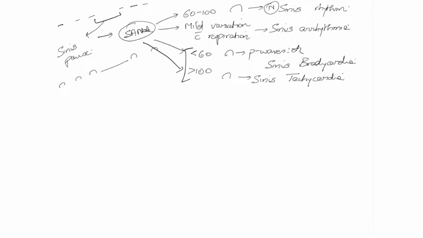Now, one thing that can happen is that some focus outside of the SA node might fire prematurely. So this focus fires prematurely, and this would create a wave of depolarization earlier than expected. Also, the way the atria are depolarized when the SA node is the pacemaker would be different from the way they are depolarized when there is an external pacemaker, because the pathways change, and so the shape of the P wave is different.